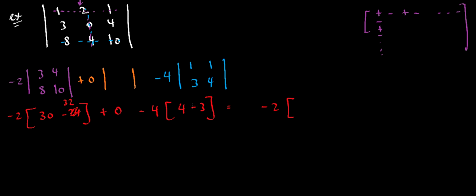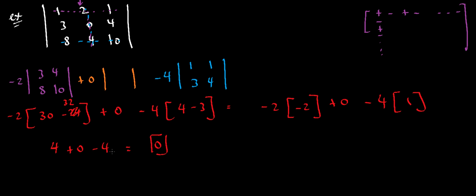Okay, so it's -2 times -2 plus 0 minus 4 times 4 minus 3 is just 1. You get 4 plus 0 minus 4, which eventually gives you 0. And that's the determinant of this matrix. Now if you wanna try, I actually encourage you to pick a different row or a different column, compute the determinant. You should eventually get 0 as the determinant of this matrix.